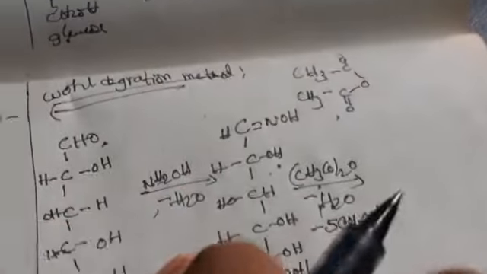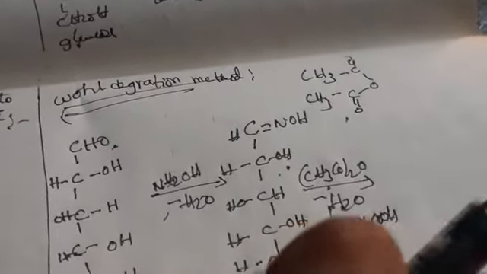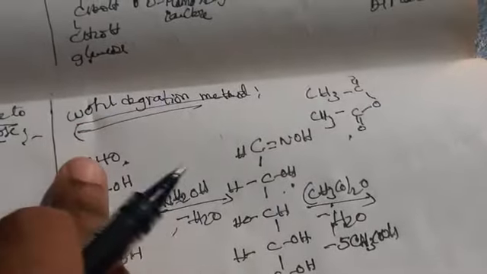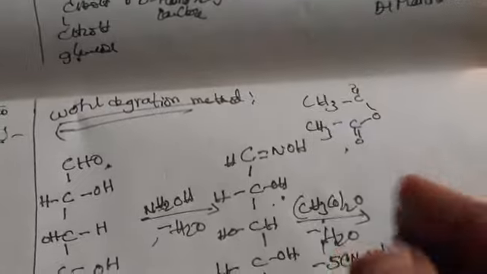If you observe the correct structural elucidation of the open chain structure of glucose: in the first step the molecular formula, in the second step representing OH, and then forming the functional group aldehyde. I have explained this in the previous class.